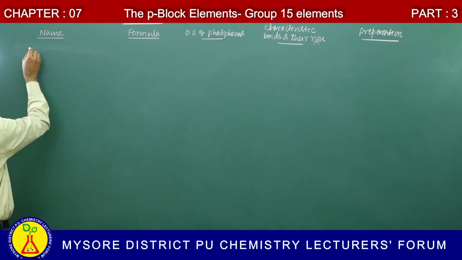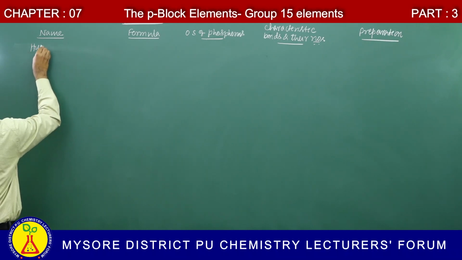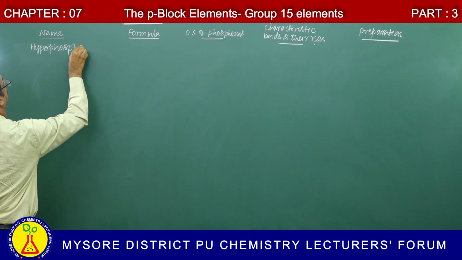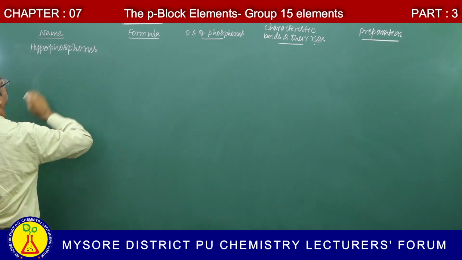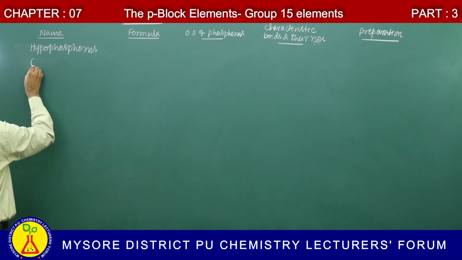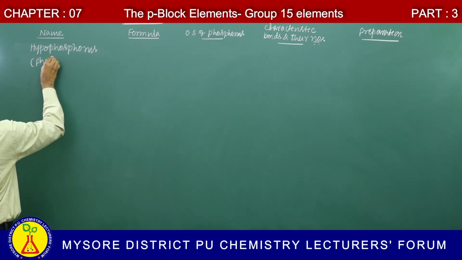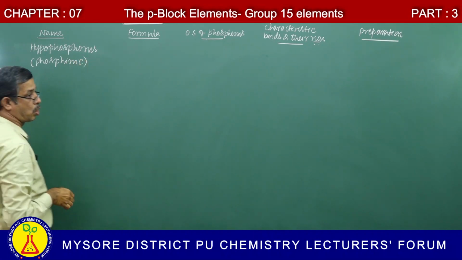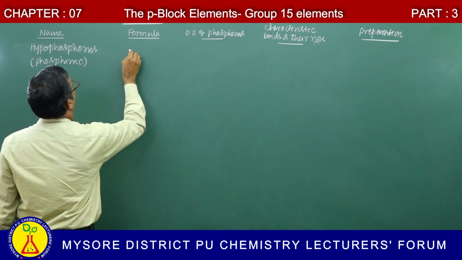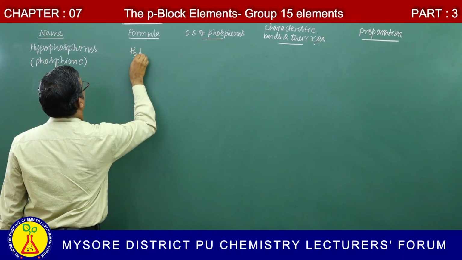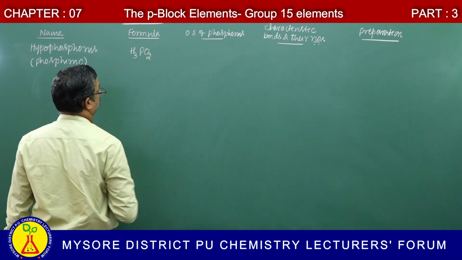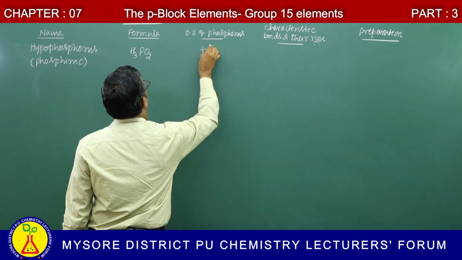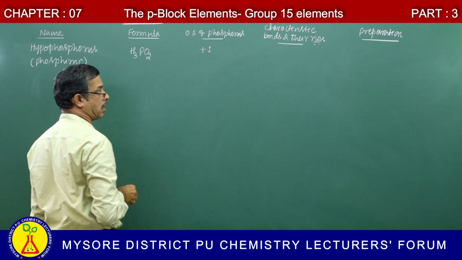First one, hypophosphorus, phosphinic acid. Its formula is H3PO2. Oxidation state of phosphorus in this acid is +1.